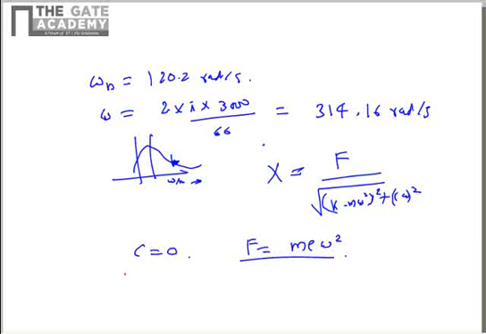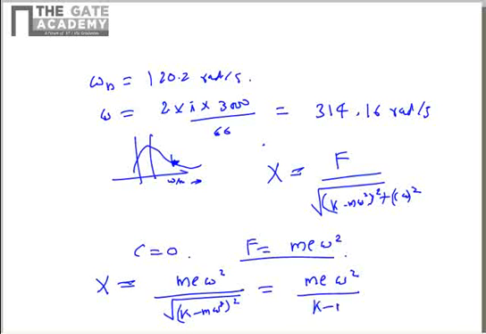You substitute this value here and you will get the deflection for this condition. The given condition is m e omega square divided by the square root of k minus m omega square, whole square. So the root and the square will get cancelled out, and we will get m e omega square divided by k minus m omega square.